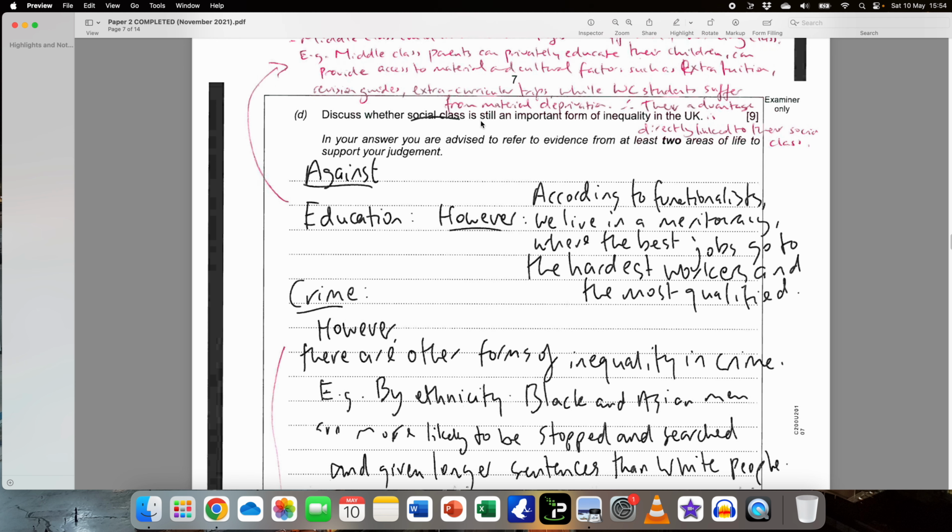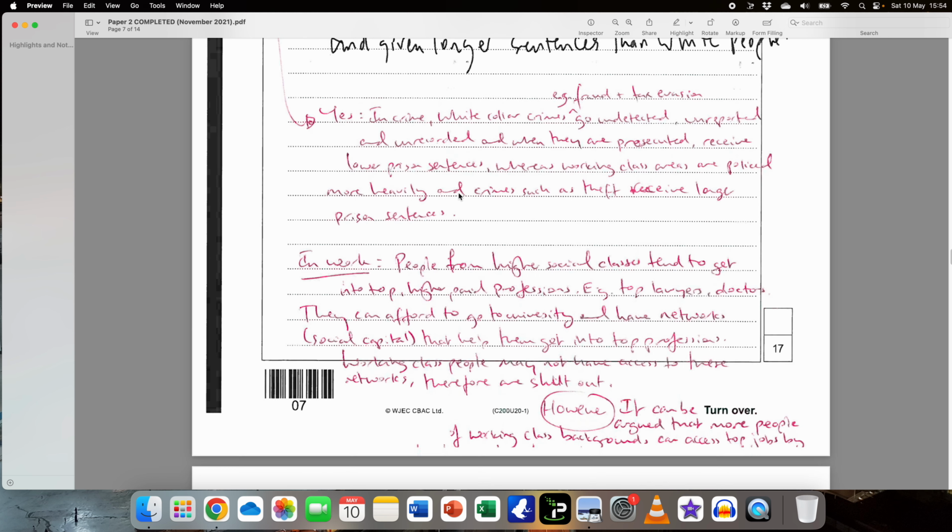Does social class matter? Is it an important form of inequality in the UK? My 3rd area of life is in work. Where does social class matter there? People from higher social classes tend to get into top, higher paid professions like lawyers and doctors. Why? They can afford to go to university.